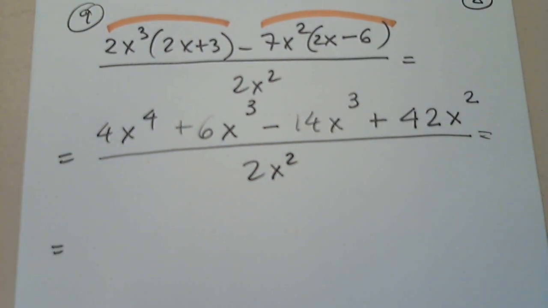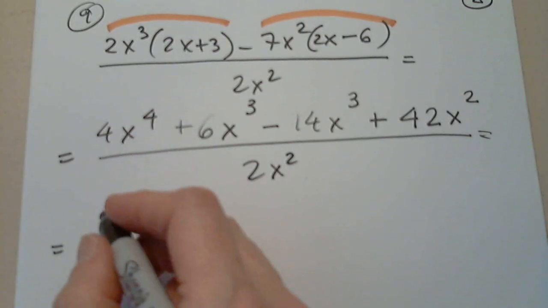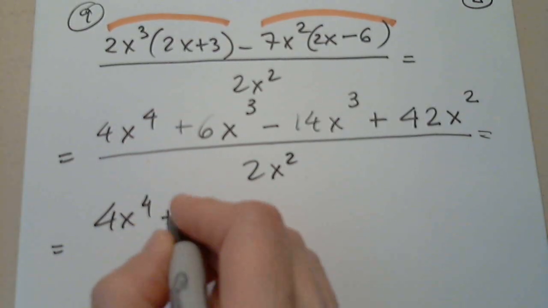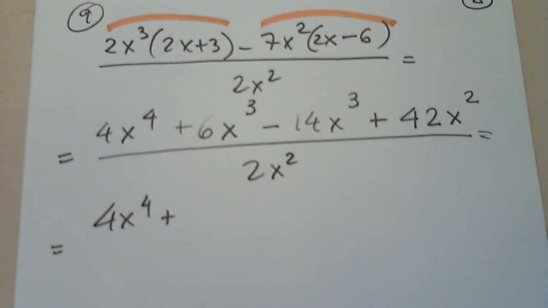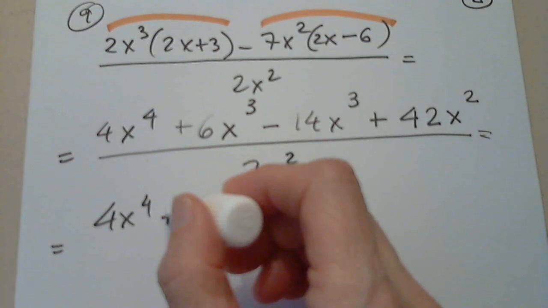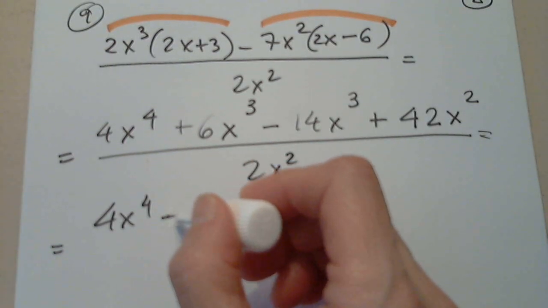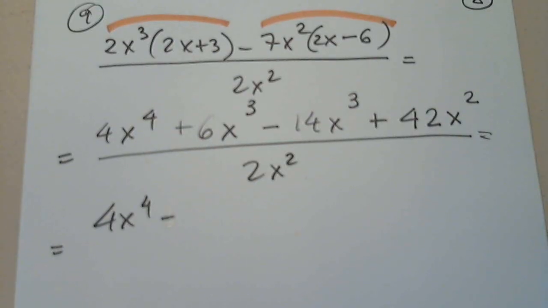But now we have to combine like terms because we can. So we have 4x to the fourth, and I have to combine 6x to the third with minus 14x to the third. What do we get?